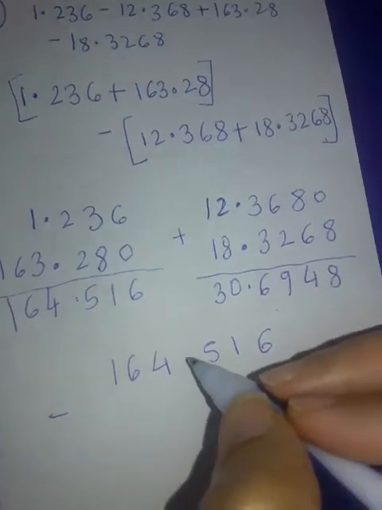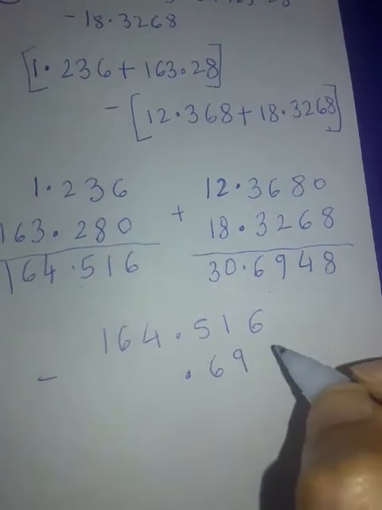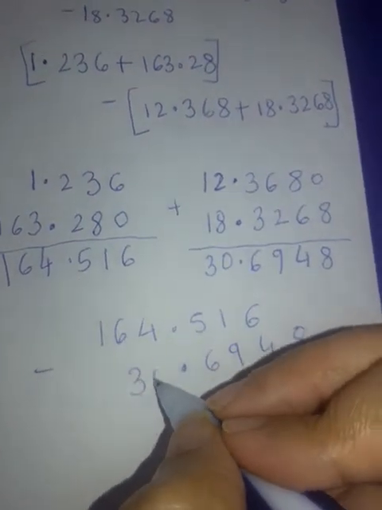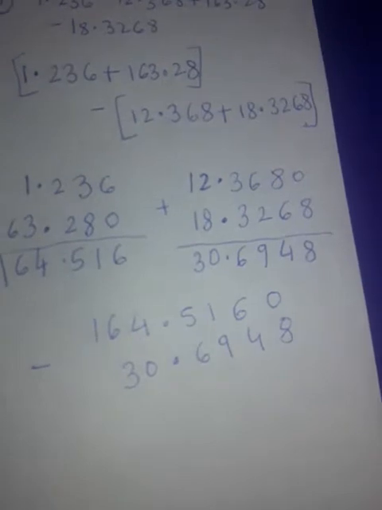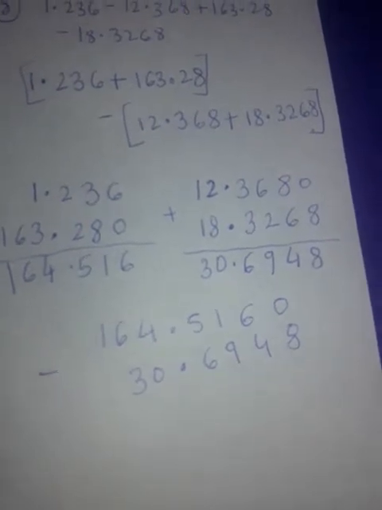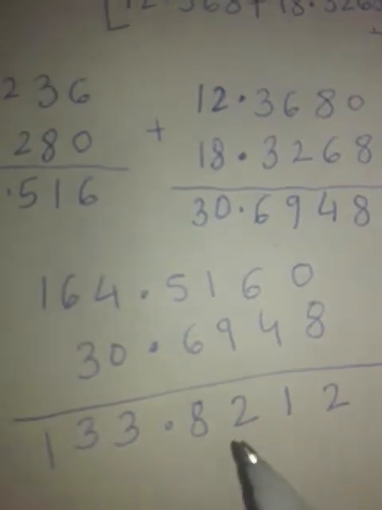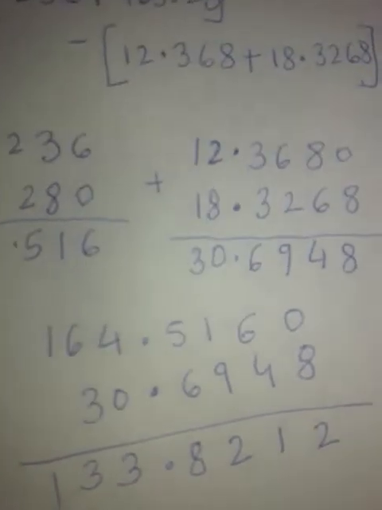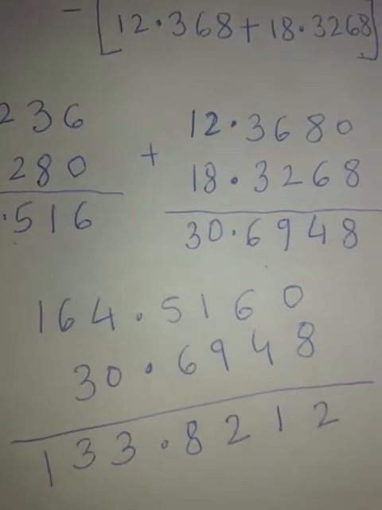Minus decimal point followed by a decimal point. 6948 on the right hand side and here 30. So give a 0 here. And now carry out your usual subtraction. And then answer comes out to 133.8212.